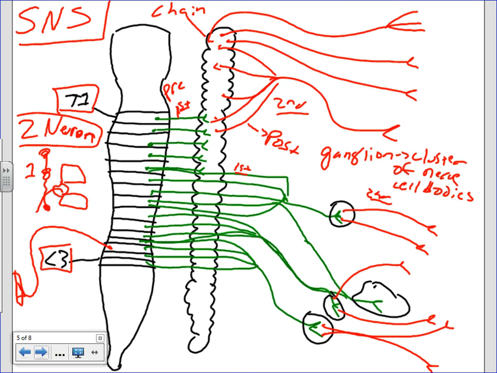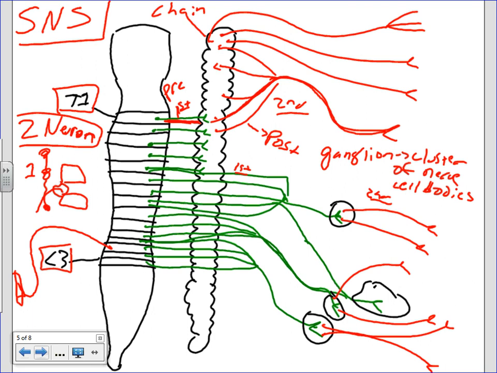One, they can travel out from the spinal cord right to the parallel ganglion along the spinal cord, as you can see here, along a sympathetic chain. So a preganglionic neuron can go right into the parallel ganglion and then activate a postganglionic nerve that branches out to a tissue somewhere.